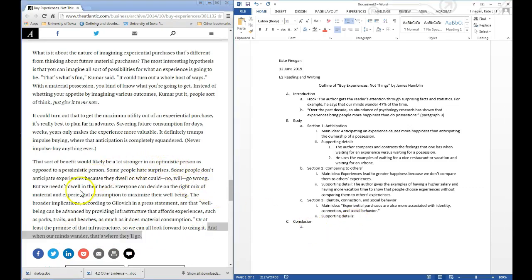but I want to start by just summarizing this information. So he talks about optimists and pessimists. Okay. So the benefits of anticipating an experience may depend on an individual person's outlook on life.